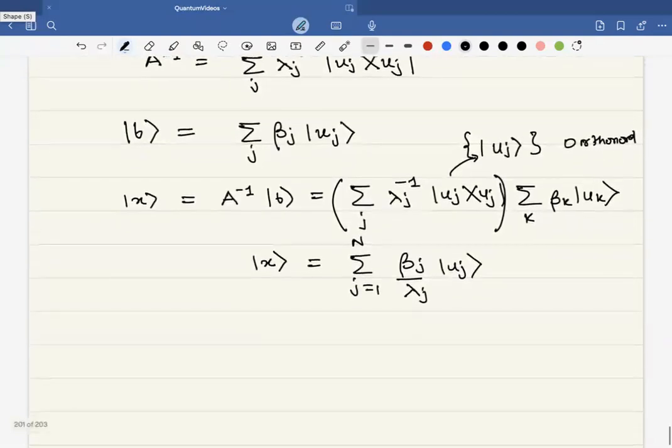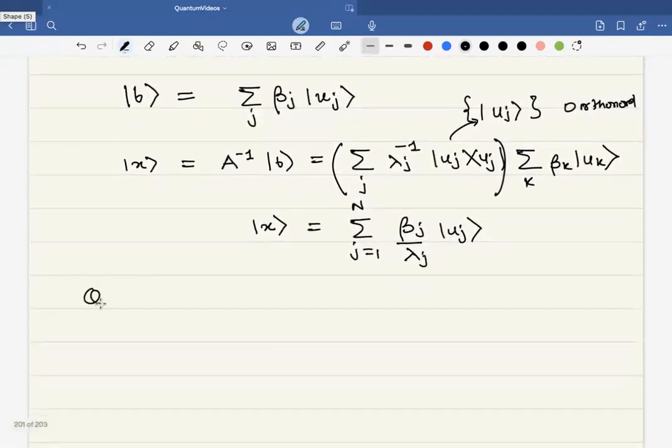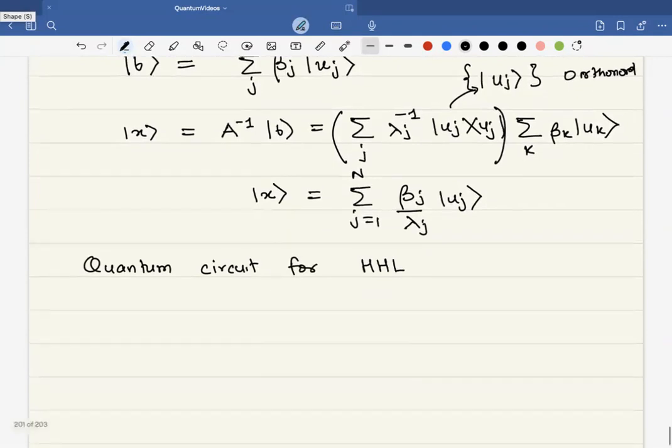And let's see how we'll build the circuit. So the circuit consists of 3 registers. This is the quantum circuit for HHL. Initially, we'll focus on 2 registers.